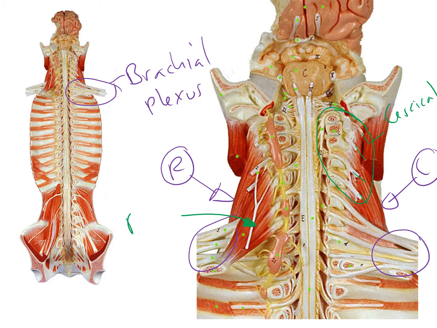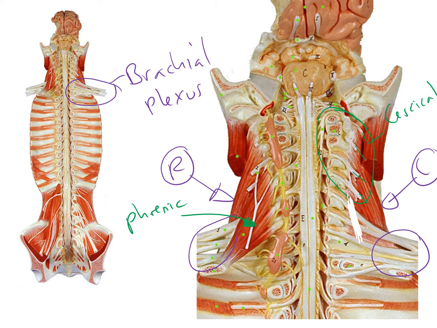It is the phrenic nerve, and the phrenic nerve innervates the diaphragm. It's bilateral. There's going to be another one on the other side, right around there, but they're only showing it to you on one side of the model. This innervates the diaphragm, which is the primary muscle that's involved with producing ventilation.